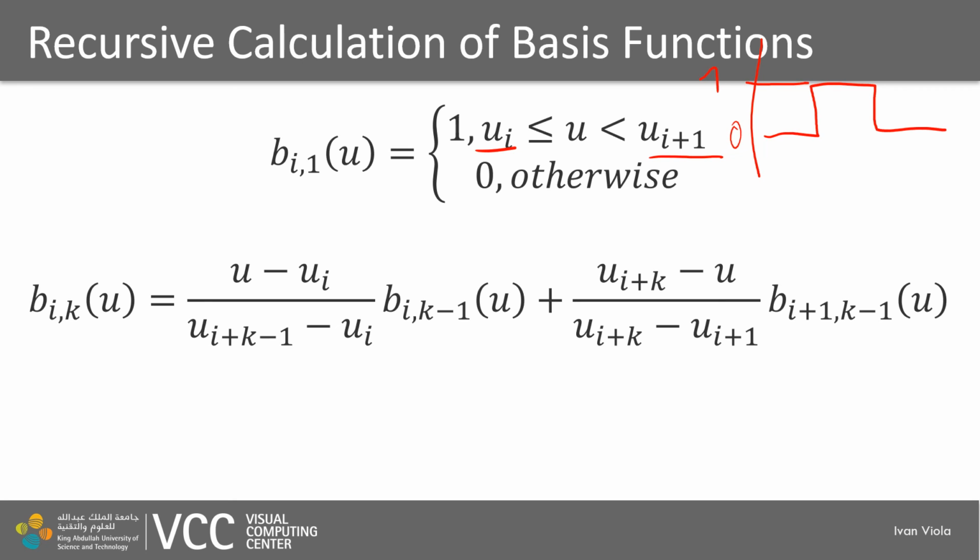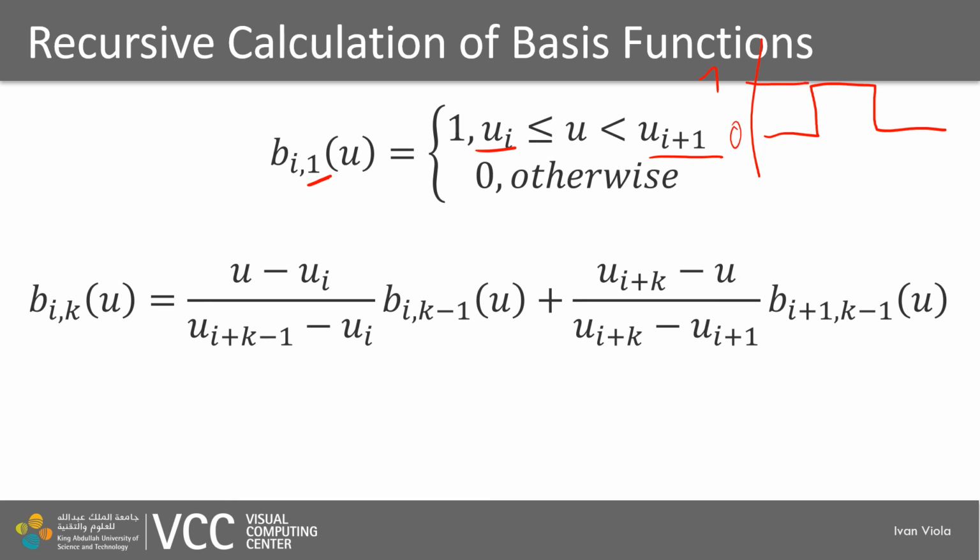Here k is 1, which means that the degree of this B-spline is 0. So it's not even a linear interpolant. But we can generate the linear interpolant through this recursion, and then not only the linear ones, but also the quadratic, cubic, etc.